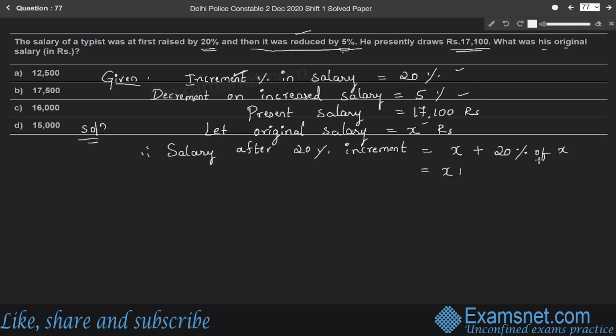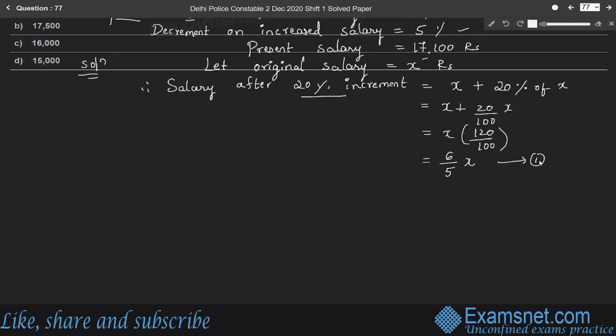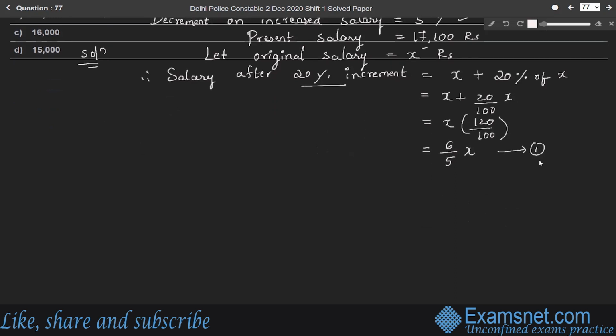Which is X plus 20 by 100 X. X is common here, so 120 by 100, which is equal to 6 by 5 X. Consider this as 1. So salary after 20% increment is 6 by 5 into the original salary. X is the original salary here.